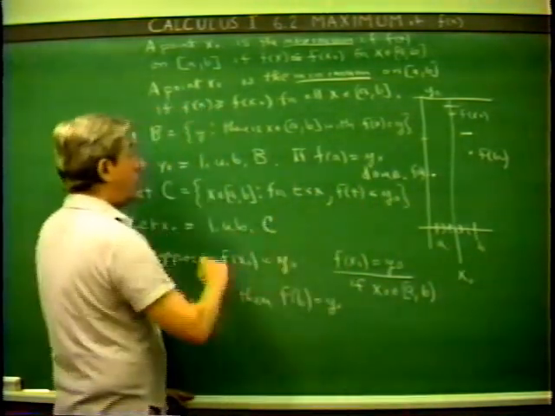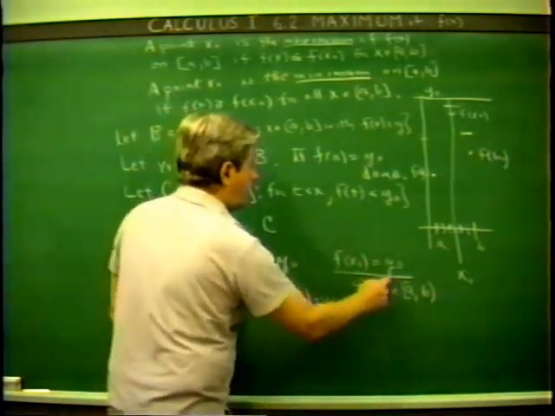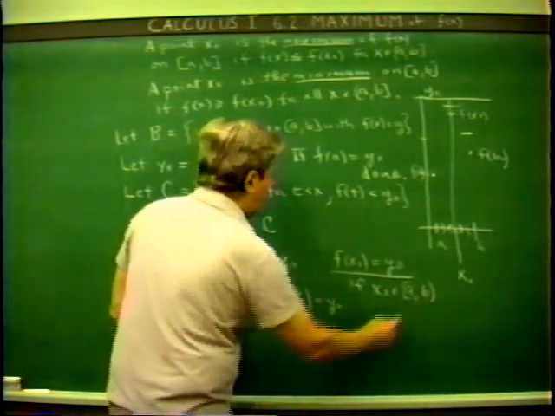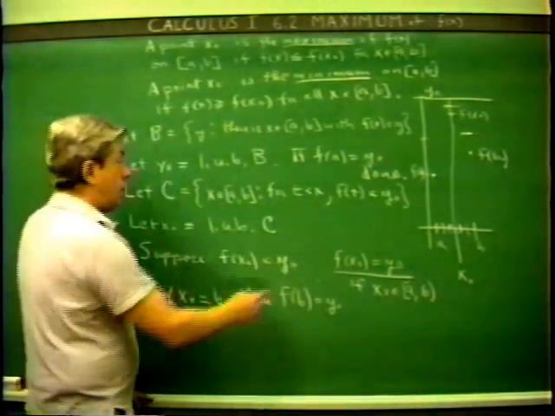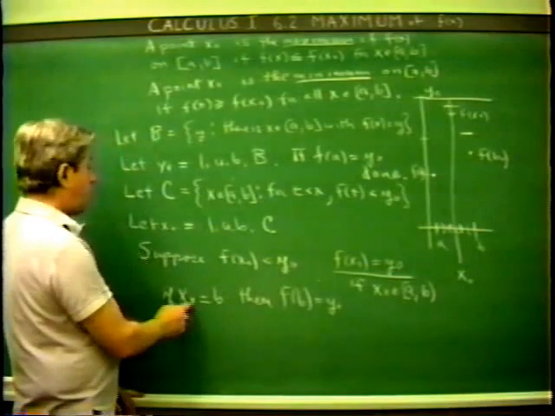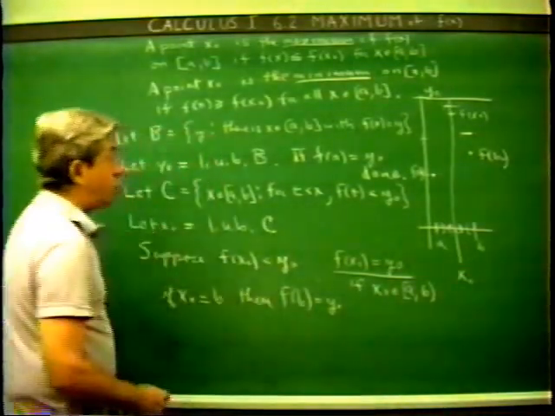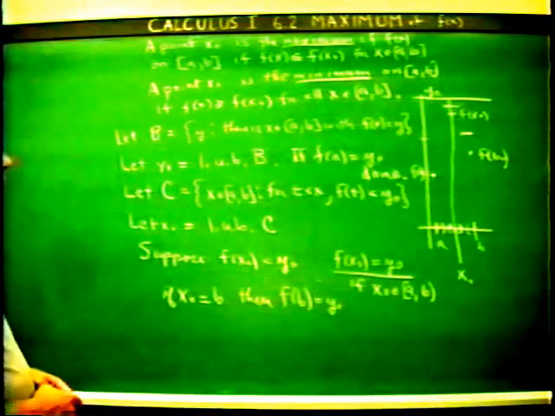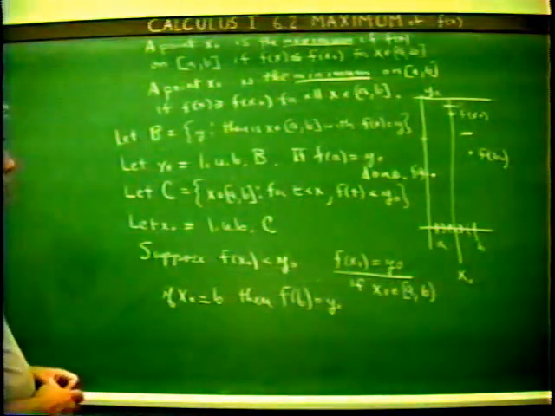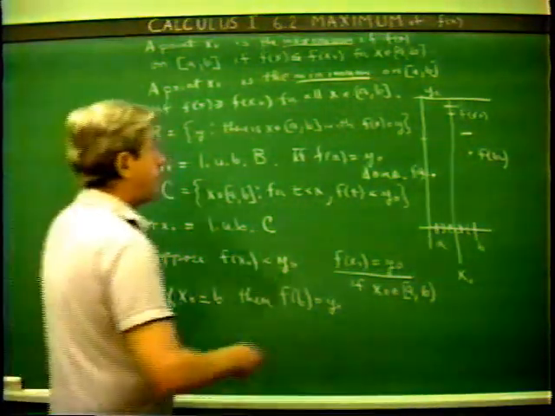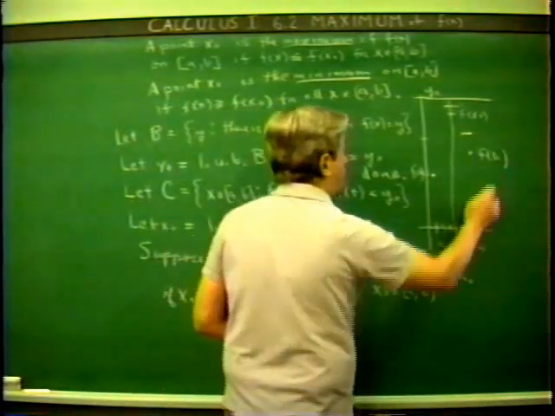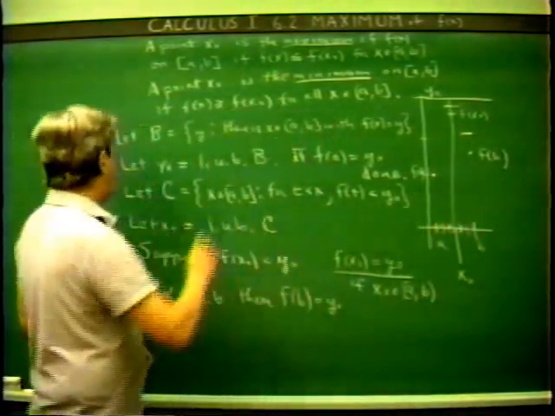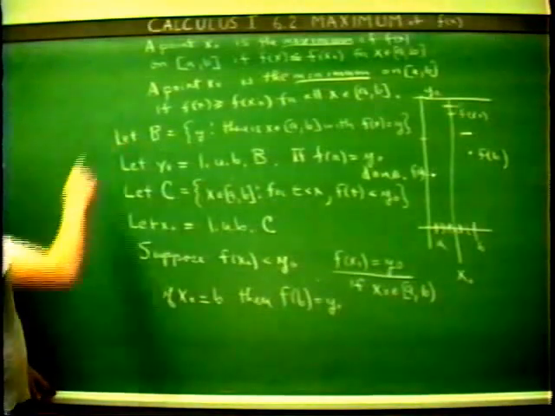So if f of a is y naught, we're done. If f of a is not y naught, but x naught is in ab, then we're done. F of x naught is y naught. And if x naught is equal to b, then f of b is y naught. And so in any case, the value of the function at some point x naught in the interval is equal to y naught.